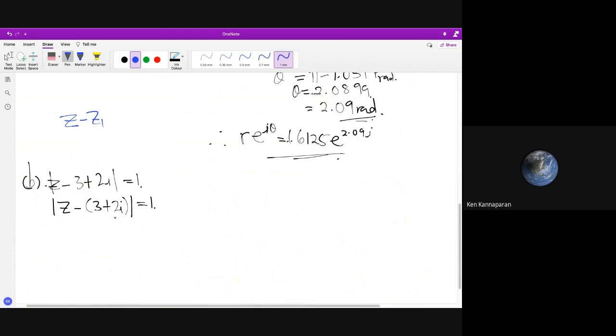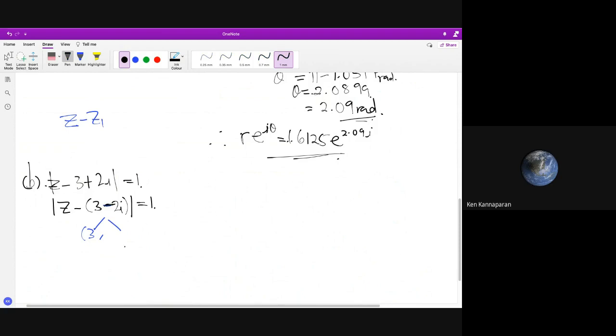So now this is in z minus zi, whereby what are the coordinates that you have? You have your real value as 3, and then your imaginary value, sorry, this should be plus, so that's minus, isn't it, guys? Yeah. Okay, if I make a mistake, please let me know.